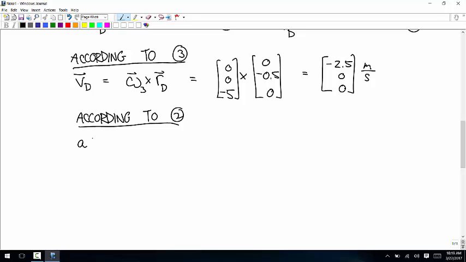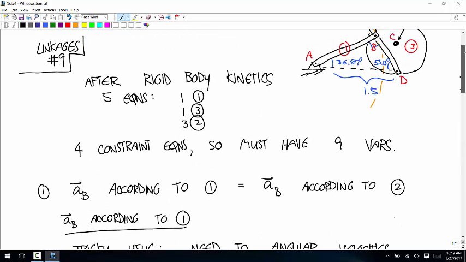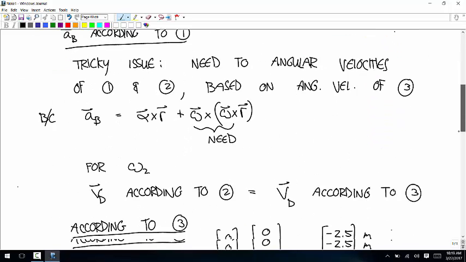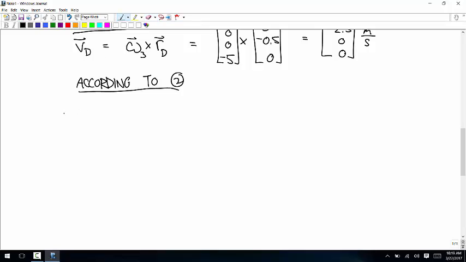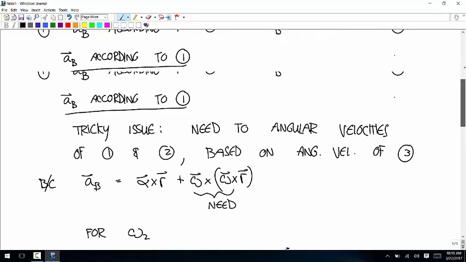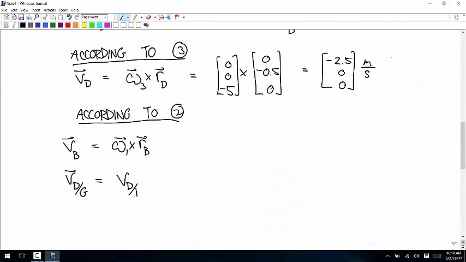Like the acceleration, but velocities. The velocity of B is equal to the angular velocity of 1 crossed with r going to B. And then the velocity of D relative to the ground is equal to the velocity of D relative to B plus the velocity of B relative to the ground.